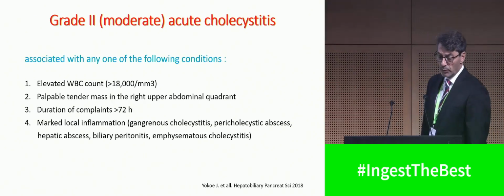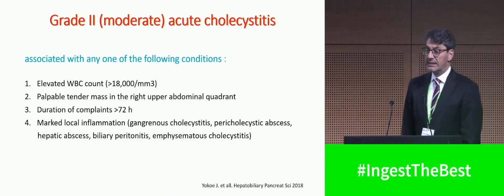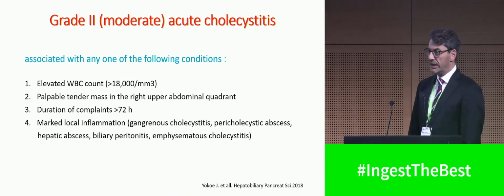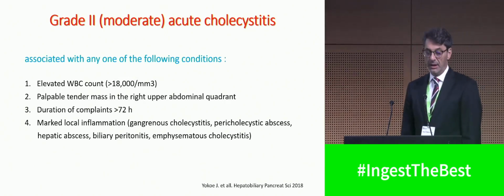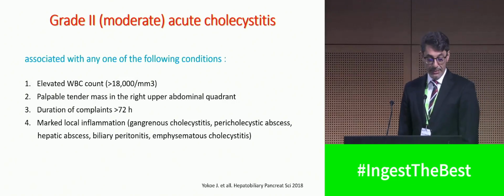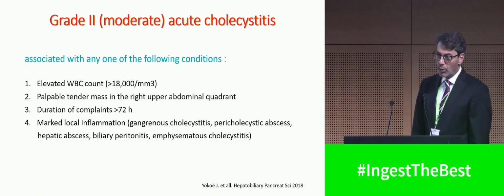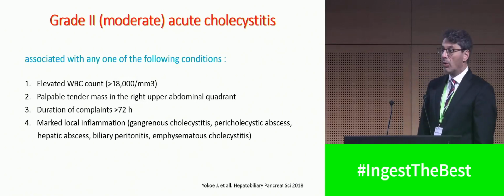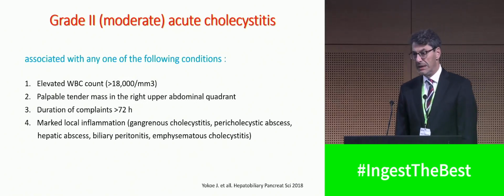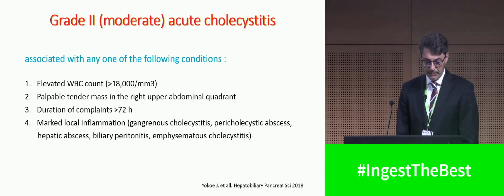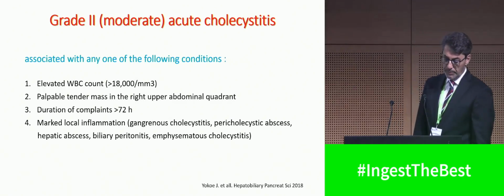Grade 2, or moderate acute cholecystitis, is associated with elevated leukocytes or a palpable tender mass, or symptoms lasting more than 72 hours, or imaging, mainly CT or MRCP, showing a gangrenous gallbladder, pericholecystic abscess, hepatic abscess or any sign of local complication.